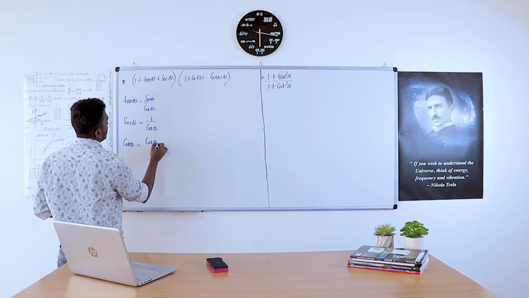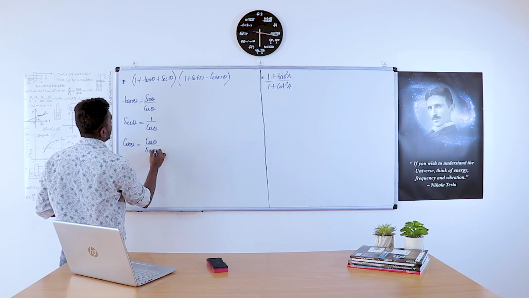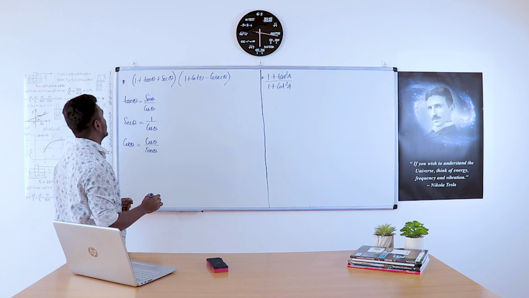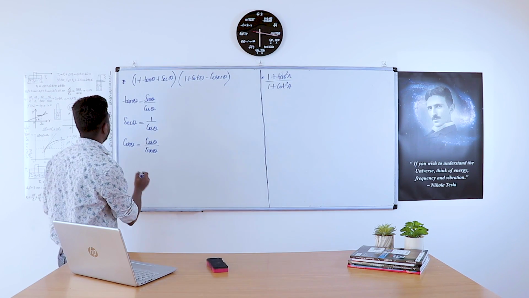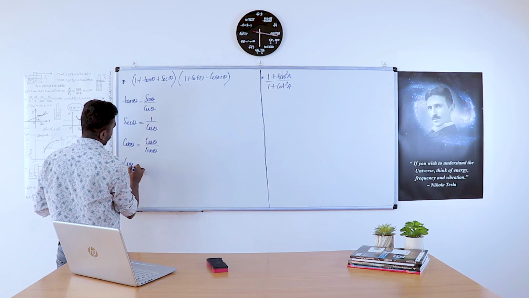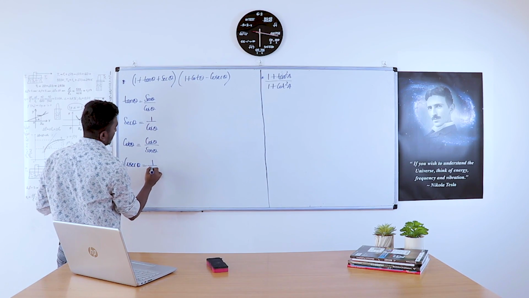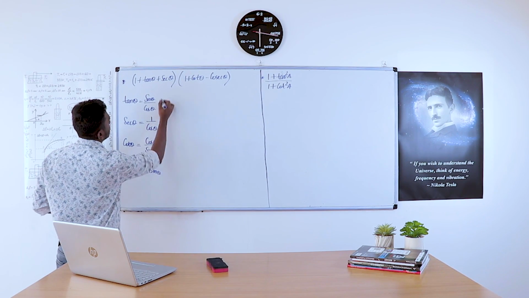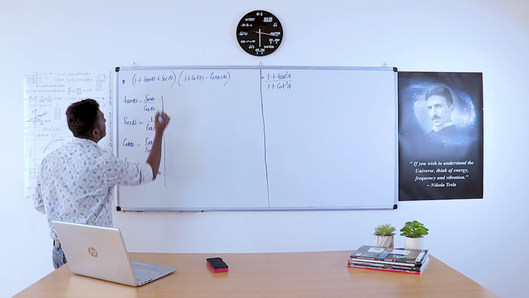cos theta by sin theta, because tan theta is sin theta by cos theta, then cot theta is cos theta by sin theta. Then cosec theta, substitute it as 1 by sin theta. Substitute all these values in the above equation.